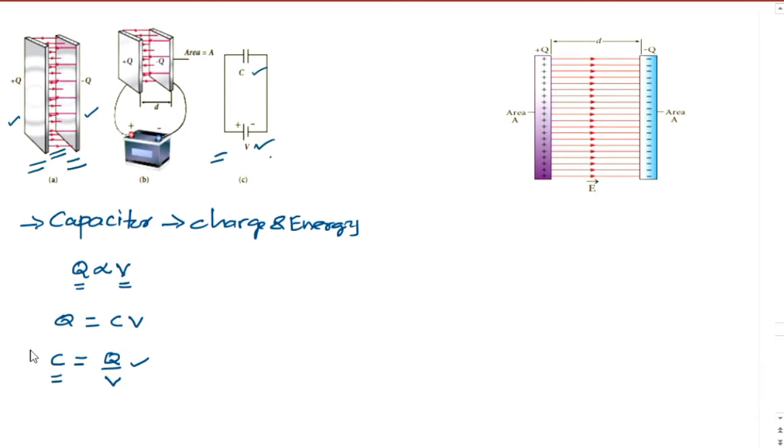The capacitance is always constant. Normally we have a doubt: when charge increases, potential will increase, but C remains the same. C will not increase.